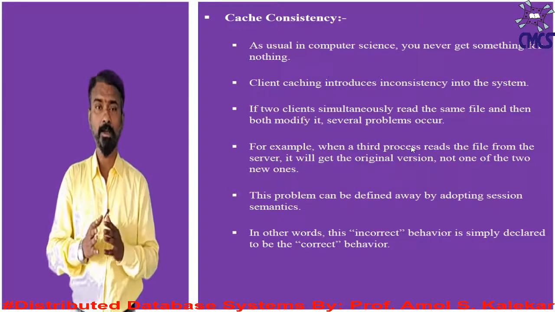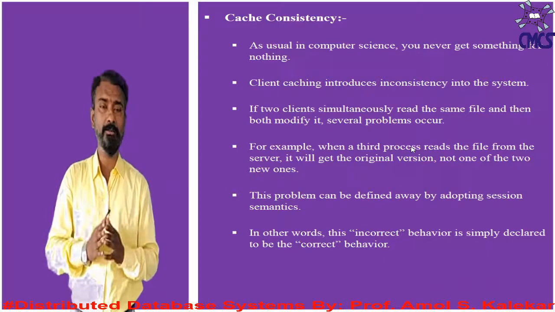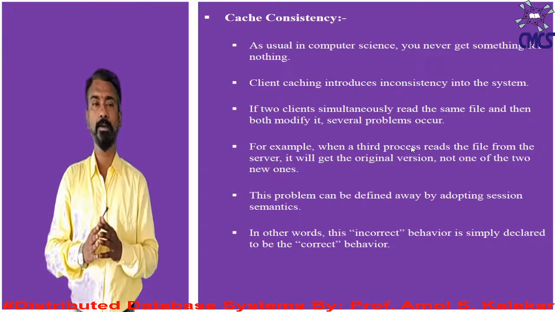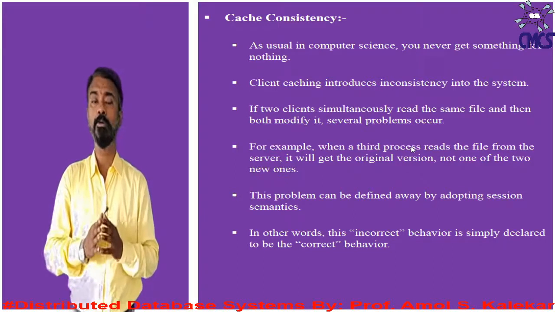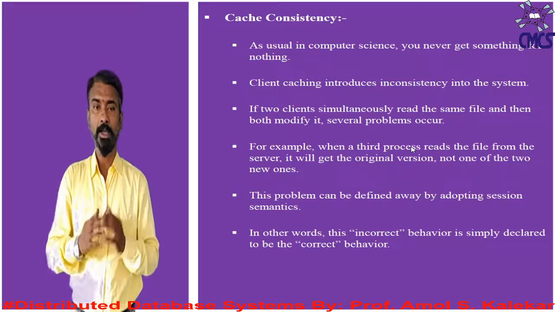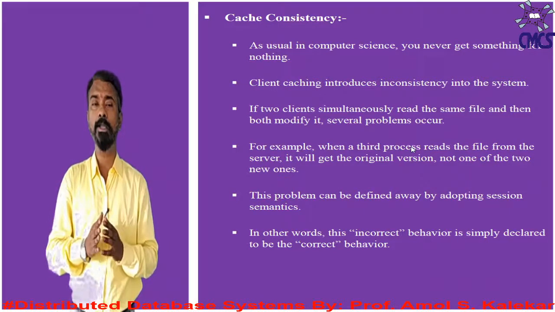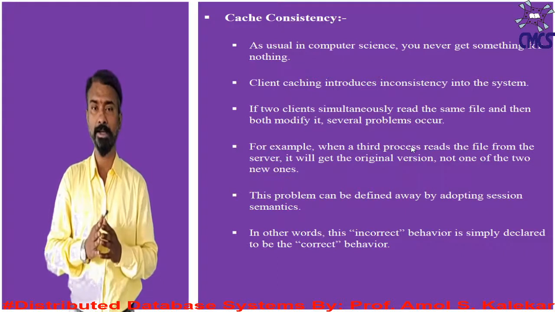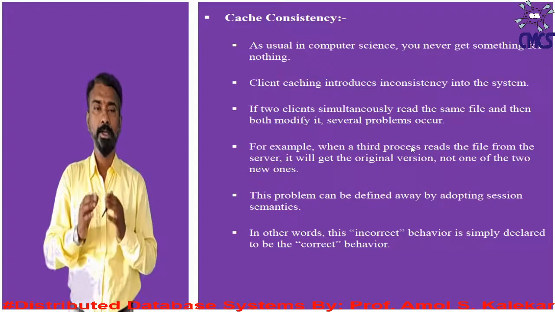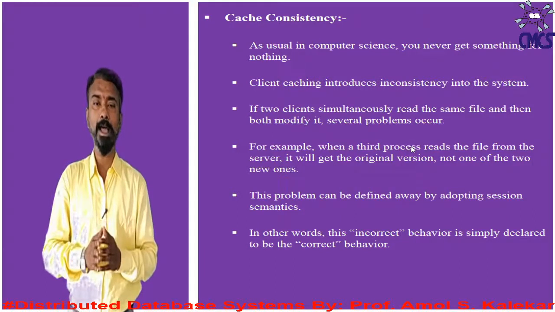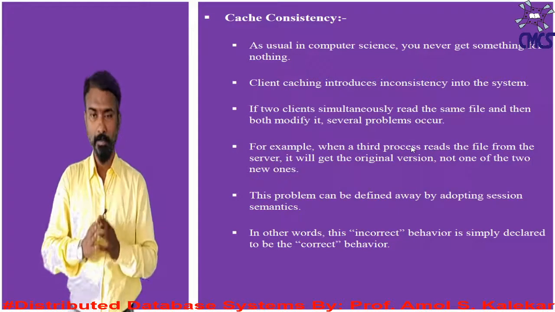For example, when a third process reads the file from the server, it will get the original version, not one of the two new ones. Okay, and this problem can be defined away by adopting the session semantics. In other words, this incorrect behavior is simply declared to be the correct behavior.